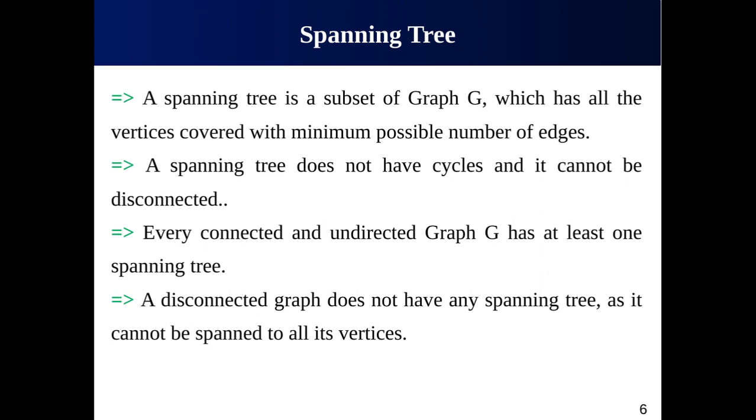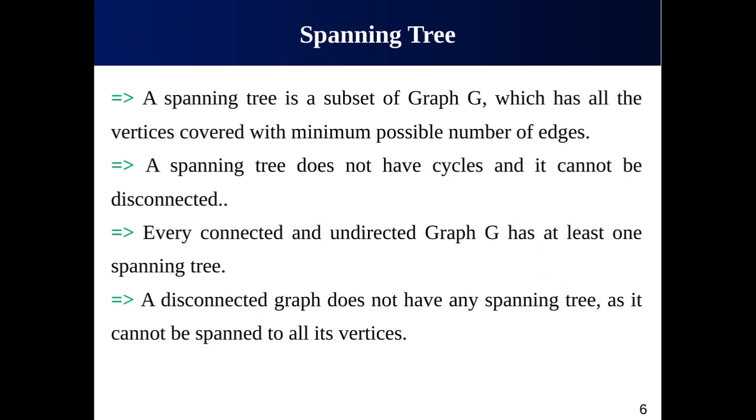That is the basic property of a spanning tree. The first point is that it is a subset of a graph. Second, all the vertices of this subset of the graph must be covered, meaning they must be connected with the minimum possible number of edges.